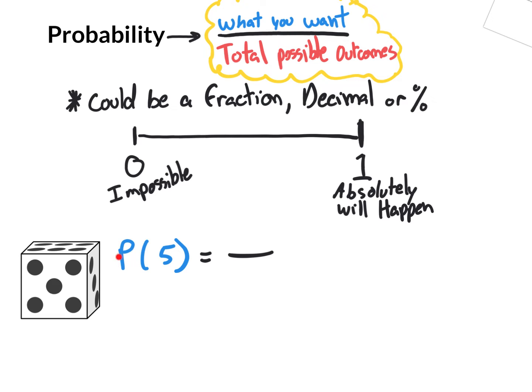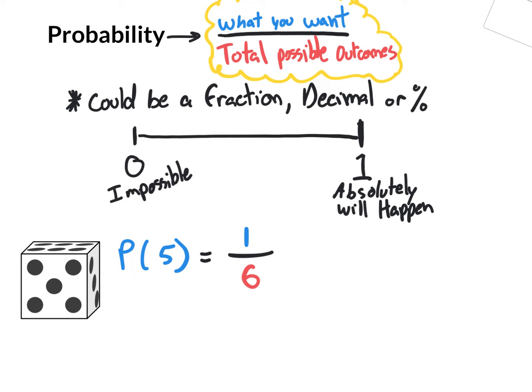When we're talking about probability, the p means the probability of the number 5, and we're talking about a die. So how many sides have the number 5? One side only. So there's one side that we want out of the total possible sides. How many total possible sides are there? 6. So it's crystal clear that the probability of rolling a 5 is 1 out of 6, 1/6.